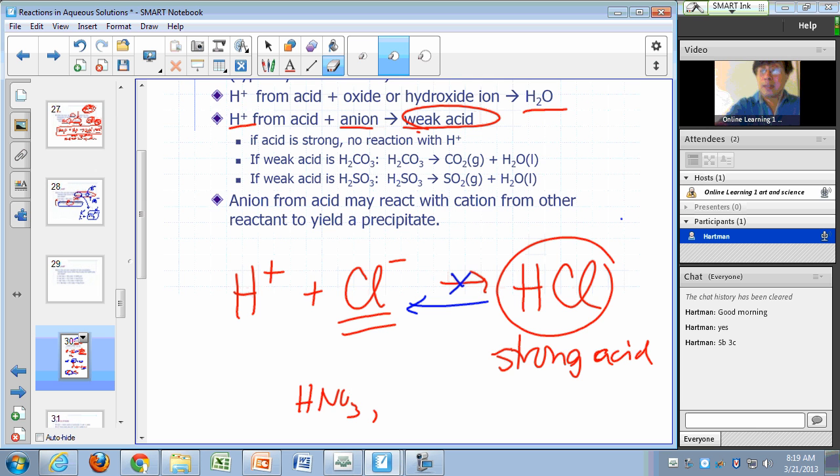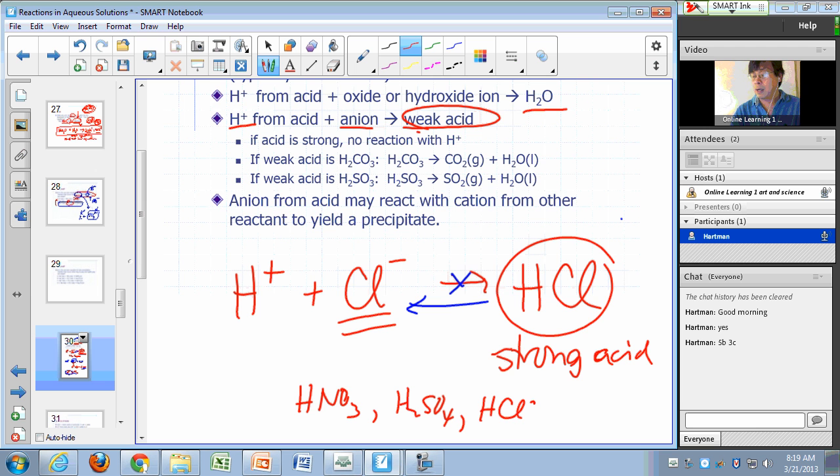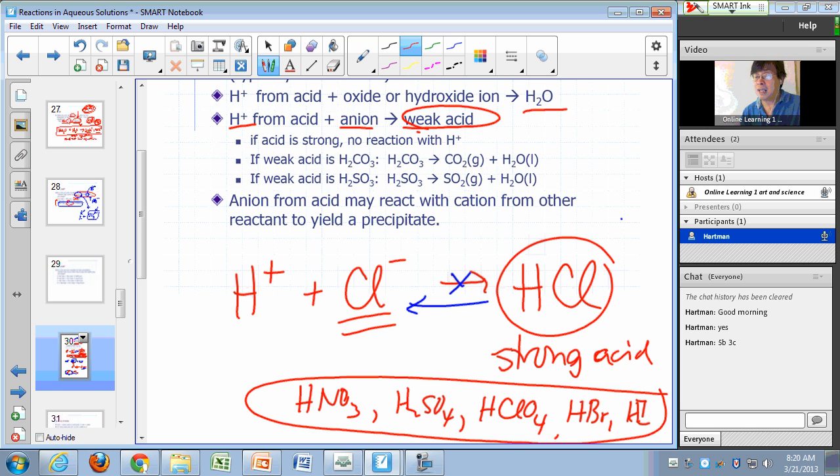You cannot get H2SO4 because that's a strong acid. You cannot get perchloric acid, that's a strong acid. You cannot get HCl, HBr, or HI. You have to remember your 6 strong acids. You cannot produce those molecules in water because they're just going to fall apart right away.